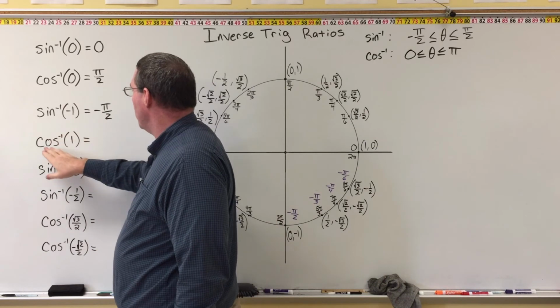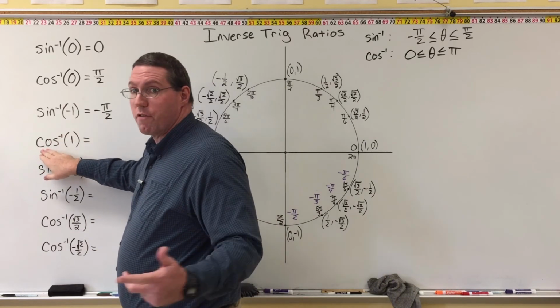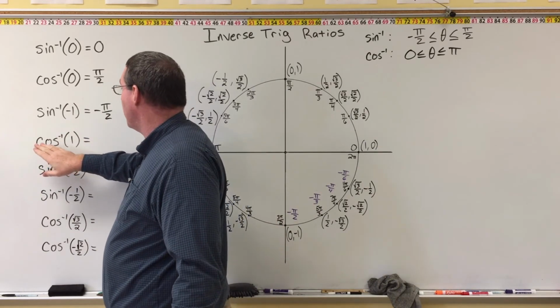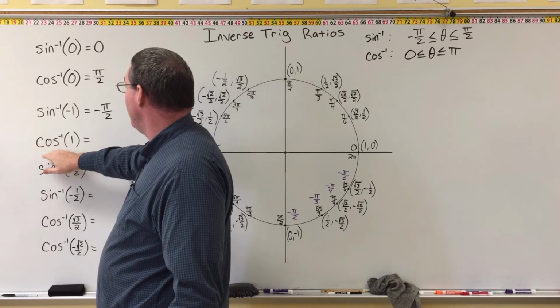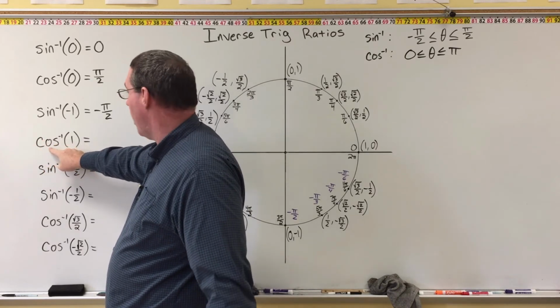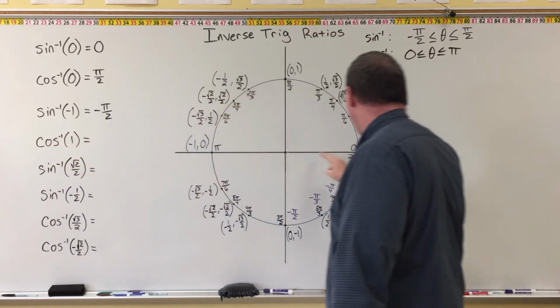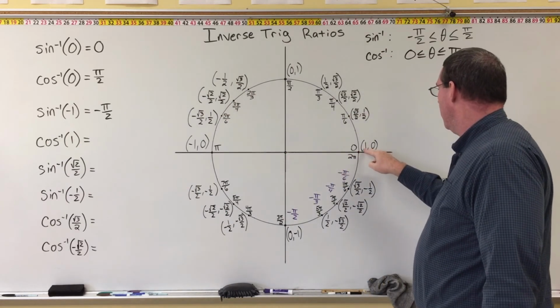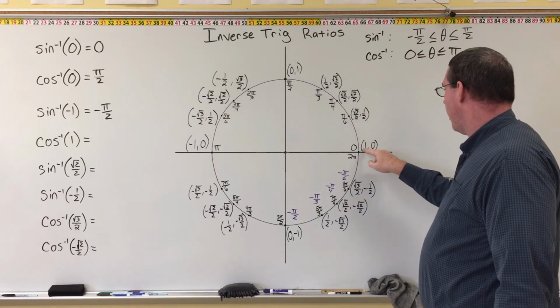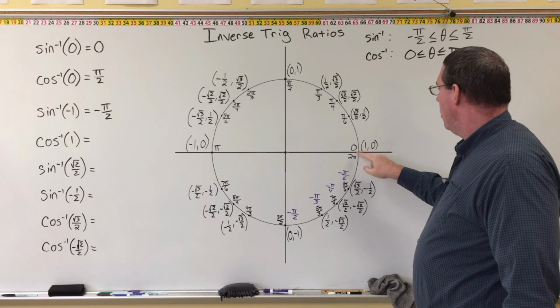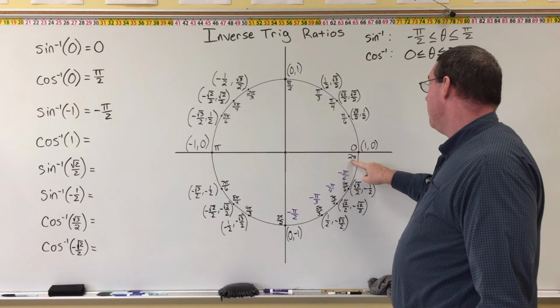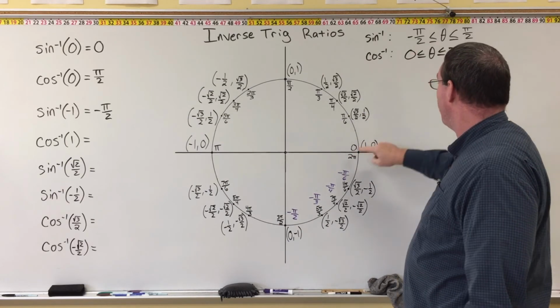Okay, cosine inverse of 1. Cosine's interval is from 0 to pi. What angle measure from 0 to pi would give you an x-coordinate, because that's cosine, of 1? Well, the x-coordinate of 1 is right here, so this point is (1, 0). The answer's not 2 pi, because 2 pi is not between 0 and pi, but 0 is.